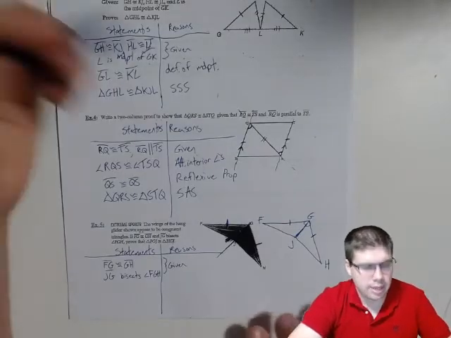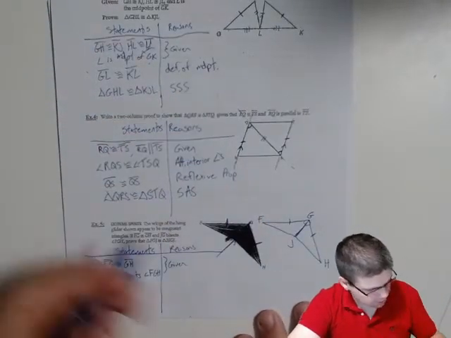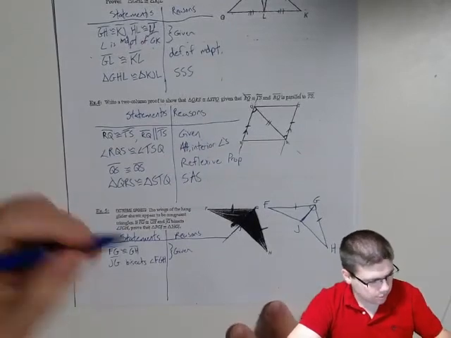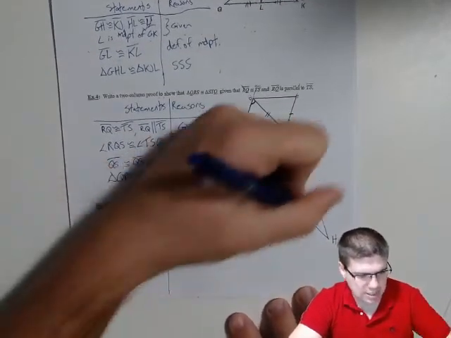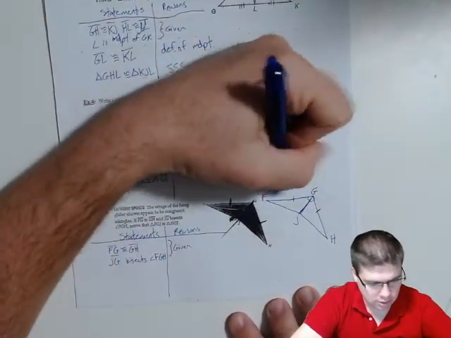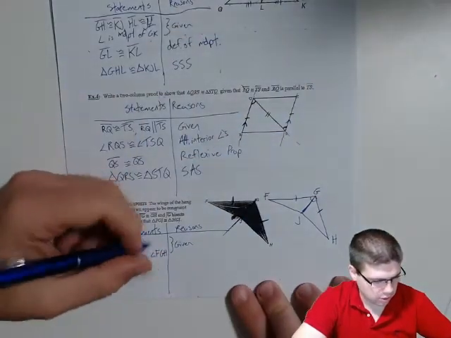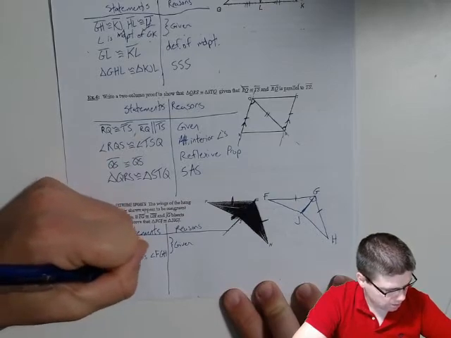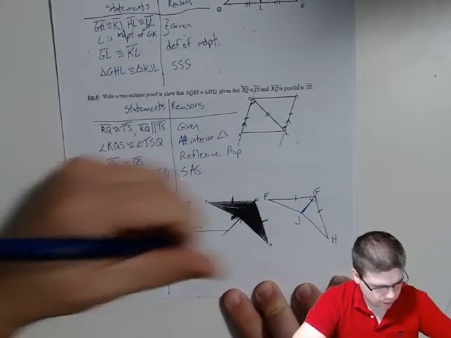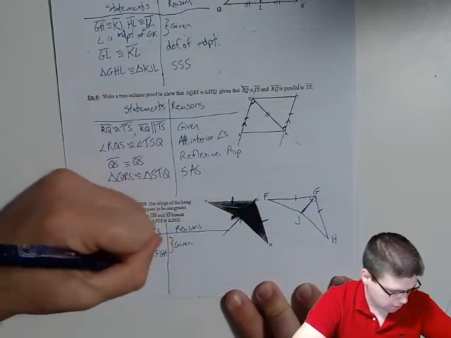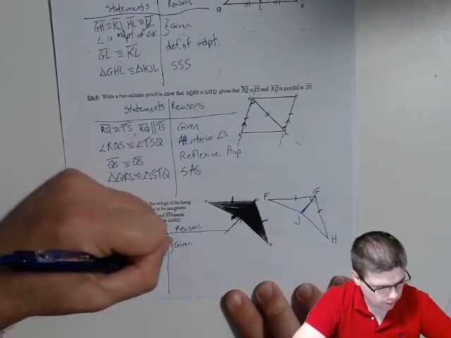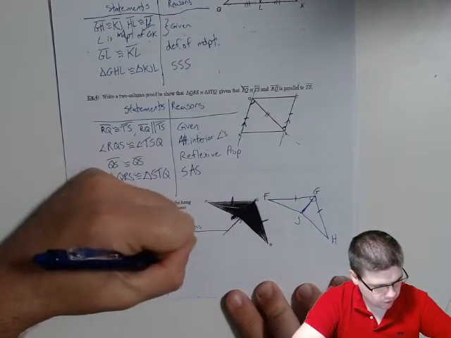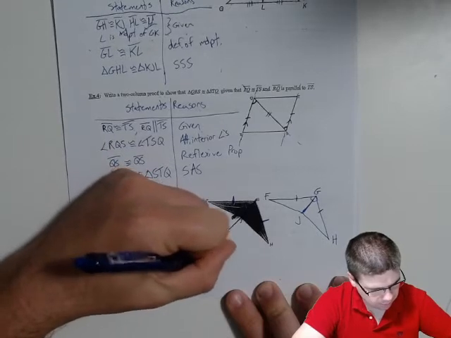All right, so I've added a picture over here to make this a little more visible and written down our givens. So JG bisects FGH. We know those two angles are congruent. So angle FGJ is congruent to angle HGJ, and that is the definition of angle bisector.